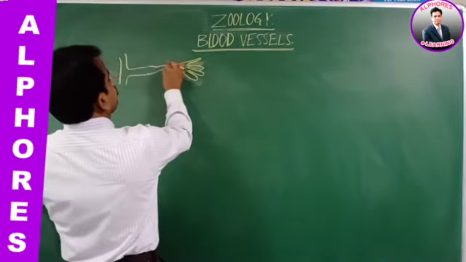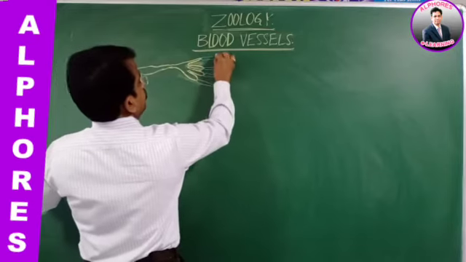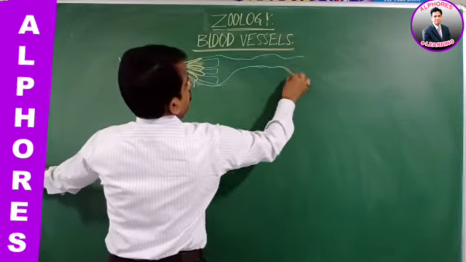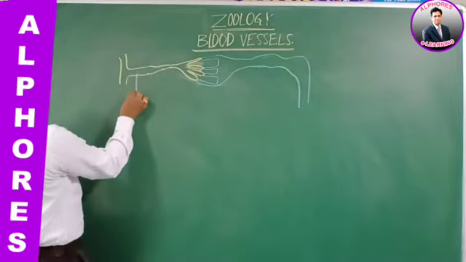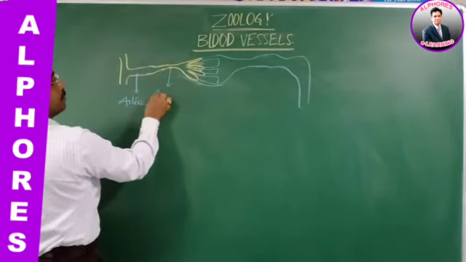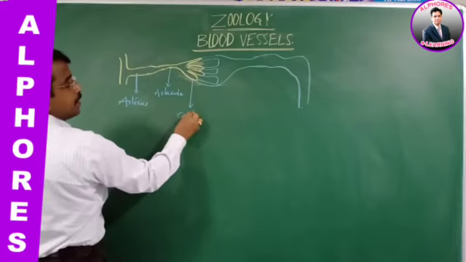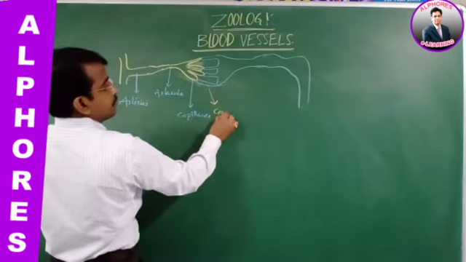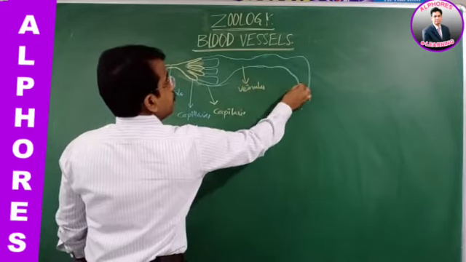In the same manner, the blood vessels are arteries, arterioles, and the capillaries, and then the capillaries, the venules, and the veins.